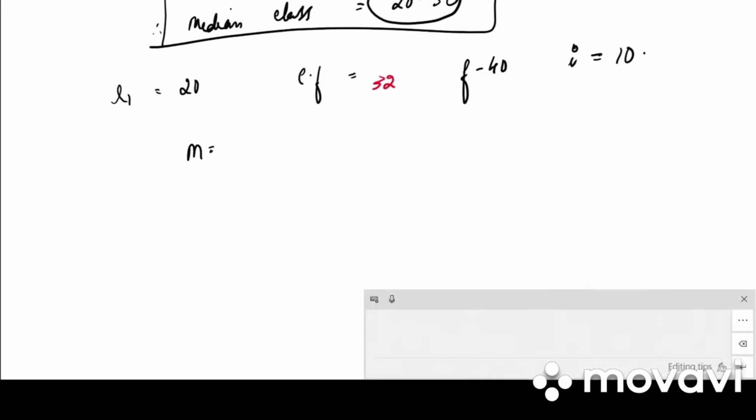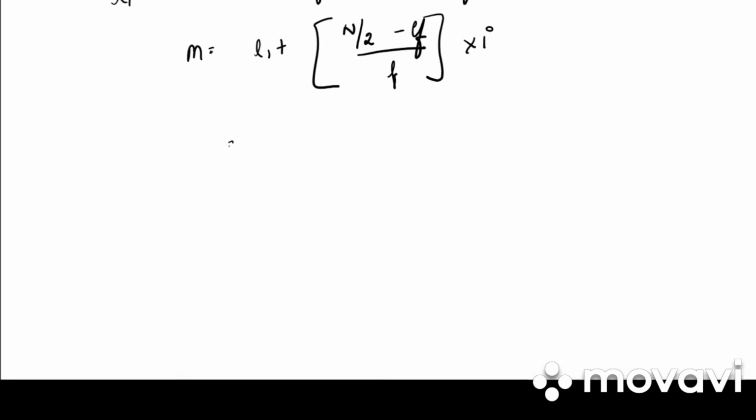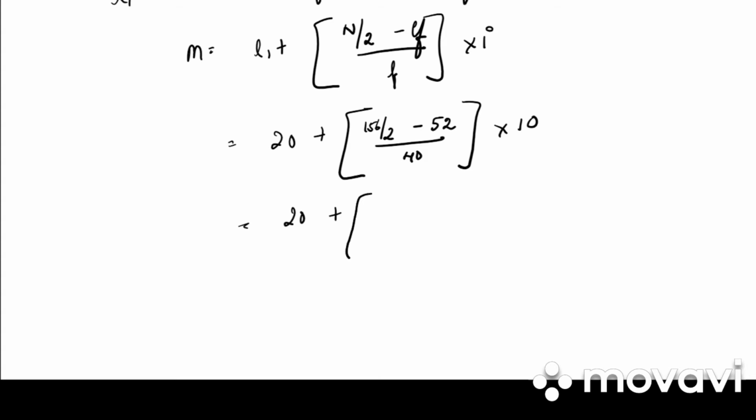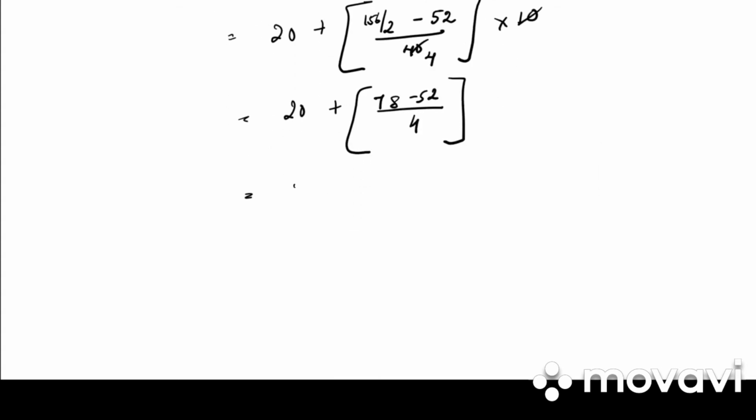So what is the formula? M is equal to L1 plus n divided by 2 minus Cf divided by F into I. L1 is 20, 20 plus 156 divided by 2 minus 52 divided by 40 into 10. 20 plus 78 minus 52 divided by 10 ones are 10, 4s are 4.